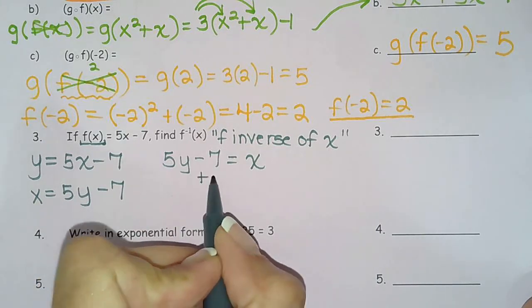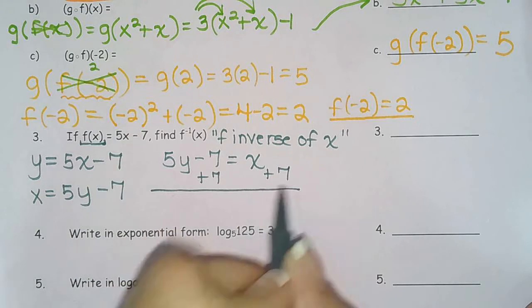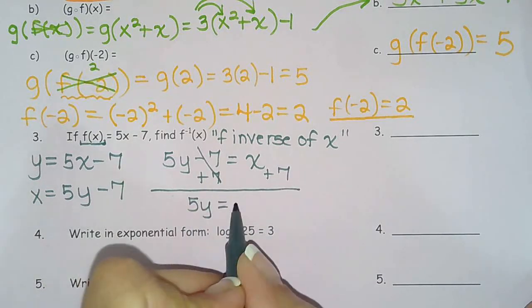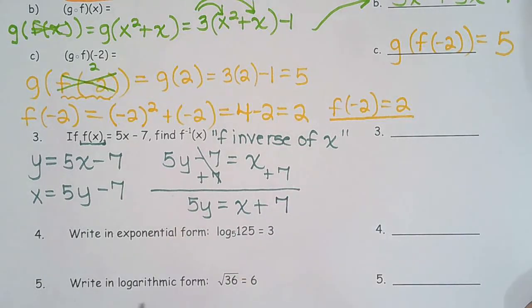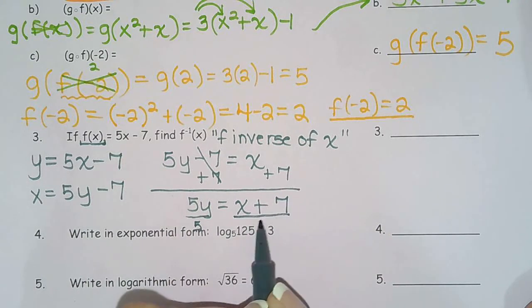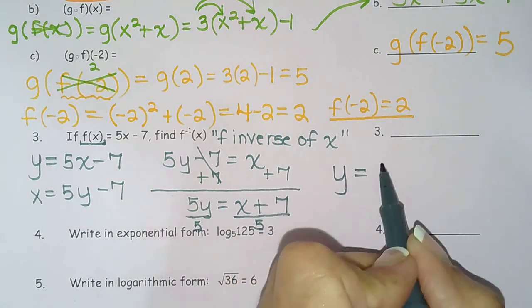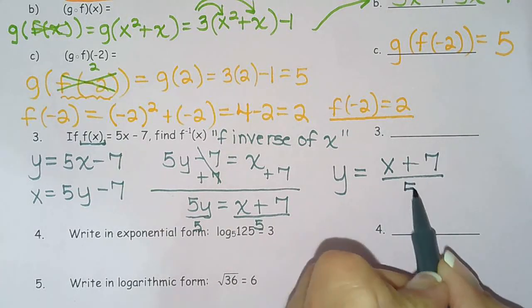So to get y alone, I have to do the opposite and move everything else over to the other side. So I get 5y equals x plus 7. And finally, my last step to get y alone is to divide both sides by 5. So I get y equals x plus 7 over 5.